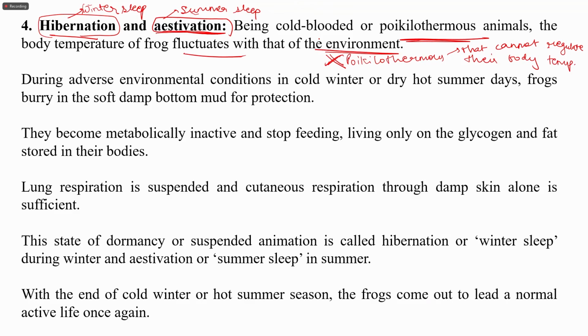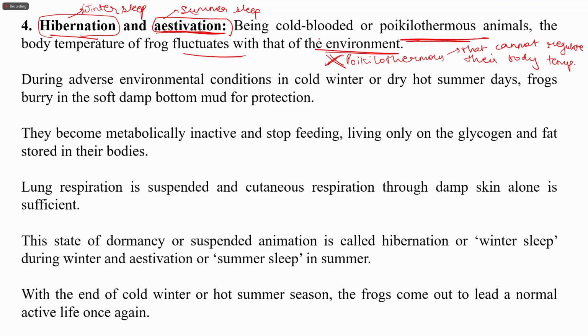In humans, for example, we know that there is a fixed constant body temperature which is around 37 degrees centigrade. Irrespective of summer or winter season, the body tries to maintain the temperature and it remains constant. But there are certain animals which are known as poikilothermous.